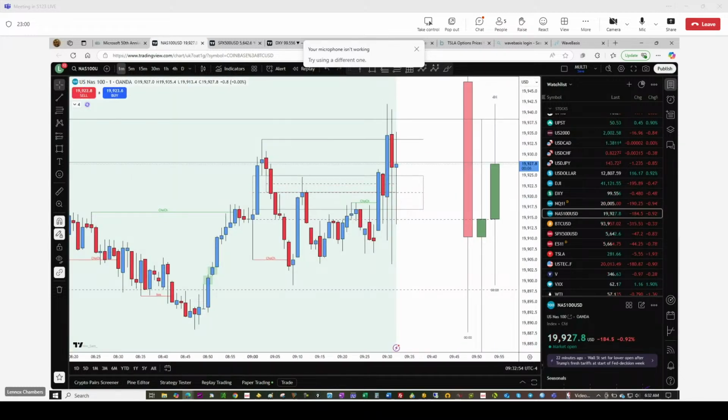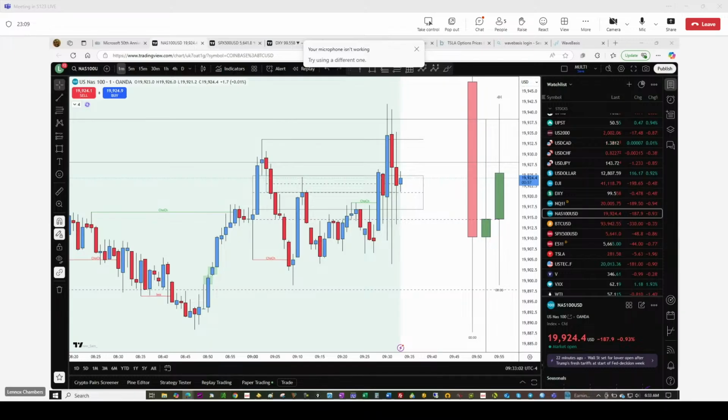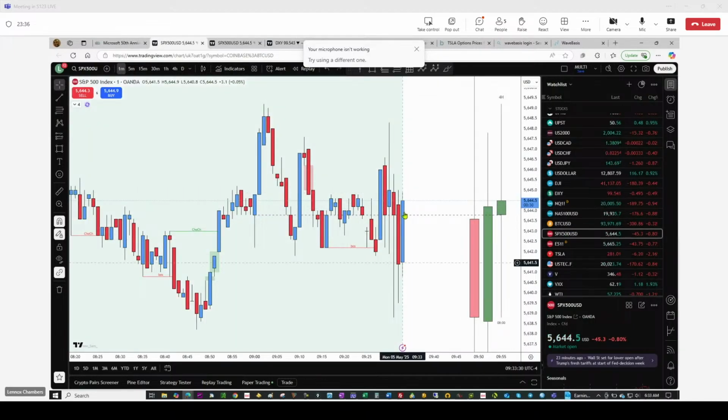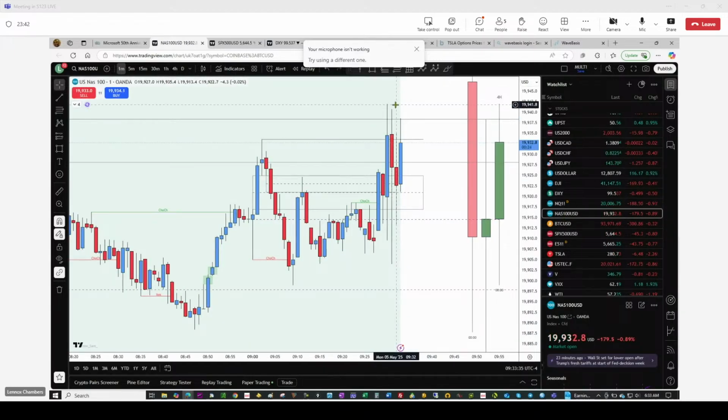Okay, so I'm going to get my other chart going here on the other screen. A tempting sell on the NAS here. S&P also quite volatile. Going to take that high again or not?